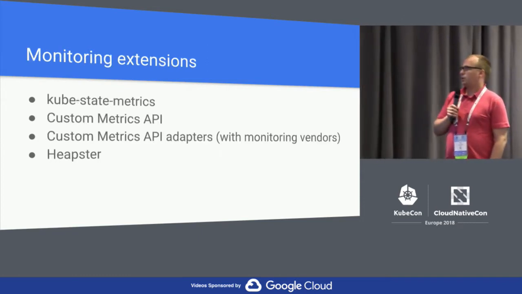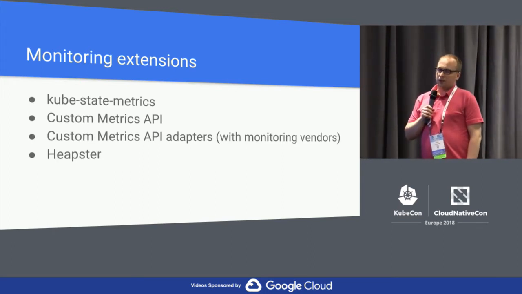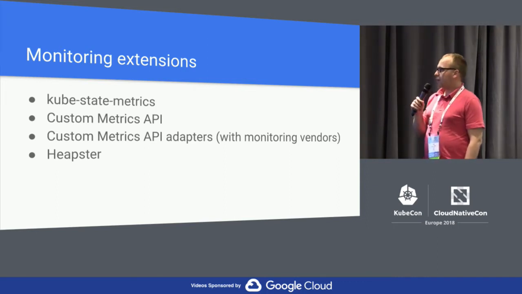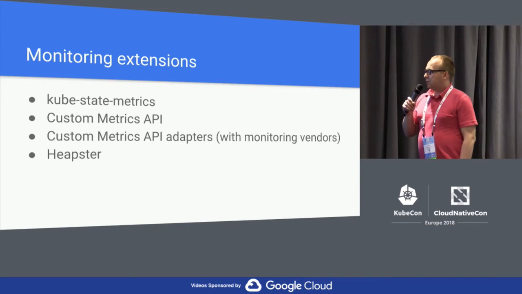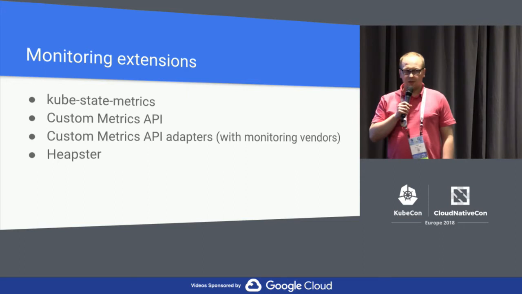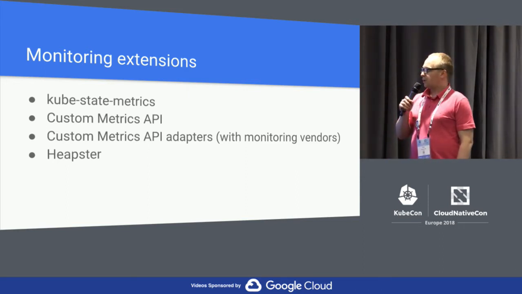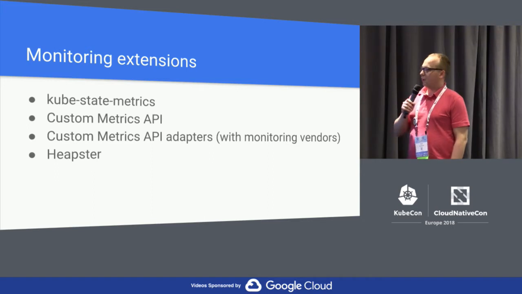Monitoring extensions, as I mentioned: this is kube-state-metrics, a really useful tool that is not needed for Kubernetes to operate, but it gives you a lot of information about what's going on with your cluster state. We'll dig into the details later. Custom Metrics API is a well-defined Kubernetes API that allows you to plug your third-party monitoring solution into Kubernetes so that Kubernetes components can consume metrics from the outside world, basically.